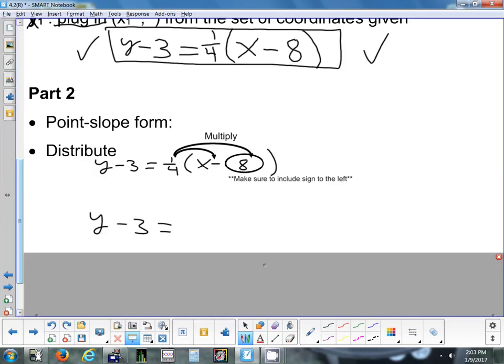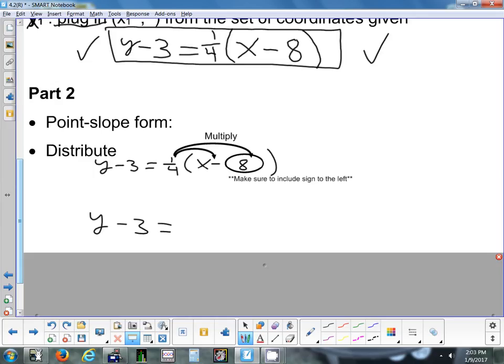When I distribute, is that going to change anything on the left? What do you think, Emily? When I distribute this 1/4, does it change anything over here? No, that equal sign separates it. So all that's going to change is the numbers on the right.